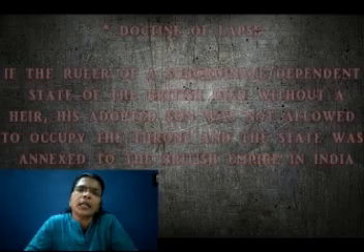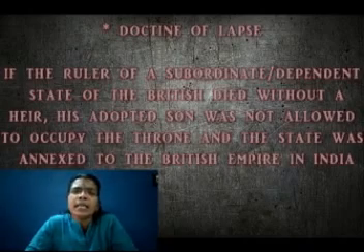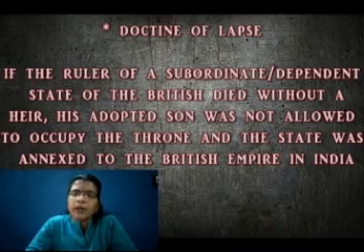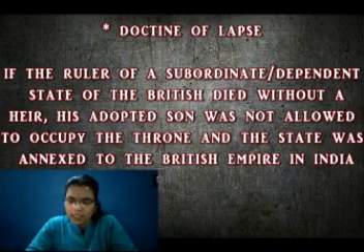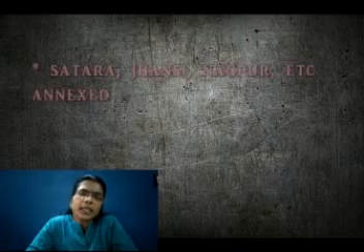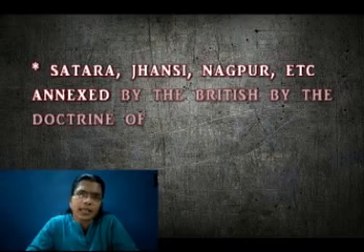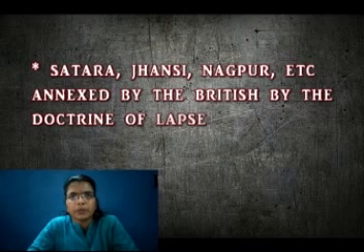According to the doctrine of lapse, if a king or ruler of a dependent or subordinate state died without an heir, his adopted son was not allowed to occupy the throne, and the state was annexed by the British. By following this policy, Dalhousie annexed Satara, Jhansi and Nagpur.